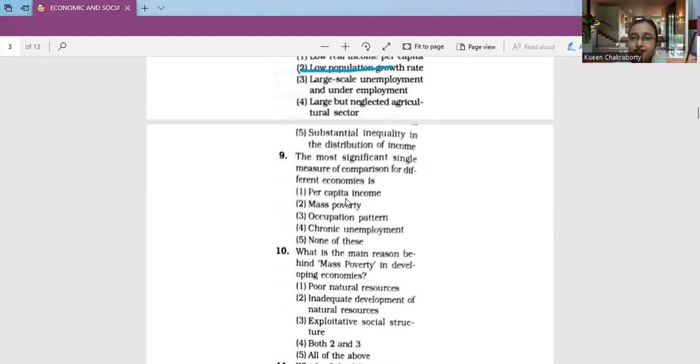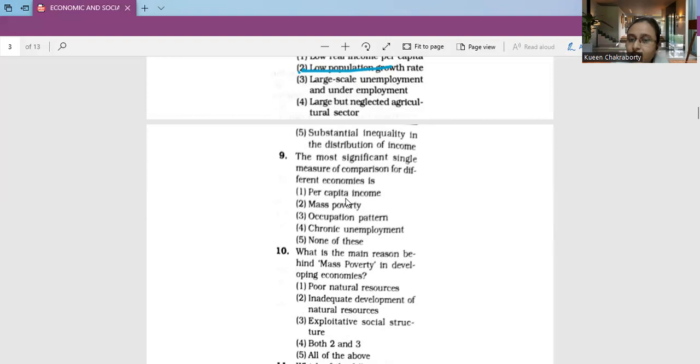See, single measure for comparison for different economies. Mass poverty cannot be considered for that. Occupation pattern might be different for various economies, that cannot be considered also. And chronic unemployment cannot also be considered. So in that case, we are left with only one option, that is per capita income.